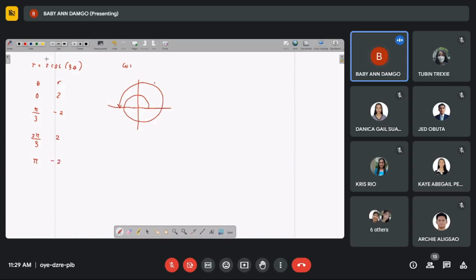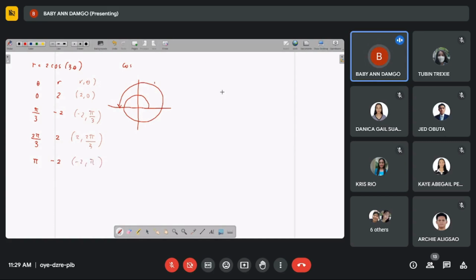So if we plot, we form our theta. So this is 2, 0. And then this is negative 2 pi over 3. So we have 2 pi over 3. And then we have negative 2 pi. Okay?